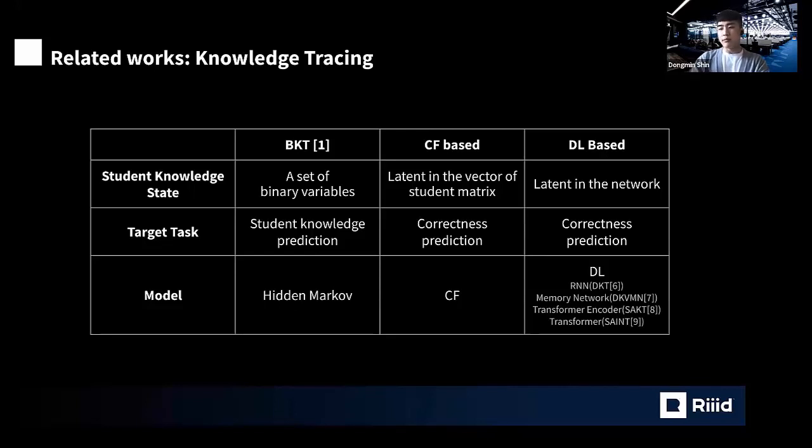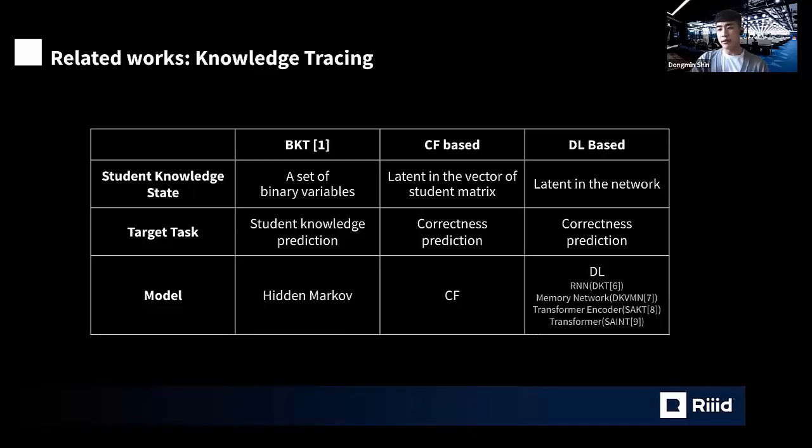And after that, the first DL-based KT model appeared in 2015, which is called DKT, Deep Knowledge Tracing. DKT uses a recurrent neural network, and DKT models students' evolving knowledge state through this network. RNN has an ability to compress past learning activities in its network.